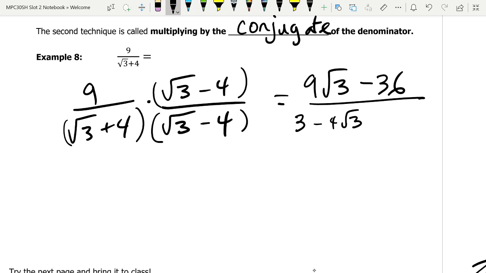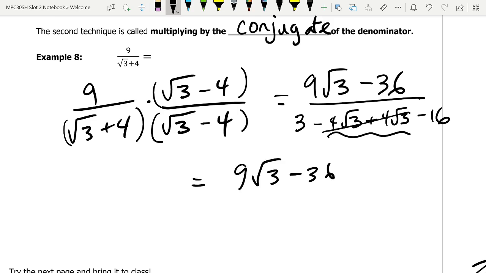Root 3 times positive 4 is positive 4 root 3. And 4 times negative 4 is minus 16. Notice those two things are opposites. What happens when you add opposites? They cancel. That's why when you multiply conjugate pairs, you get a difference of squares. There's nothing in the middle. So those go away. You're going to get 9 root 3 minus 36 all over 3 minus 16, which is negative 13.